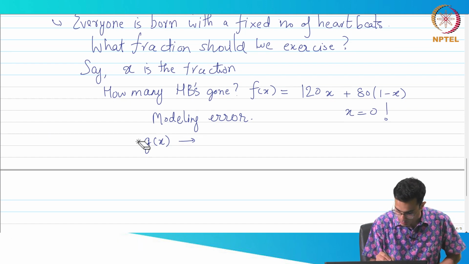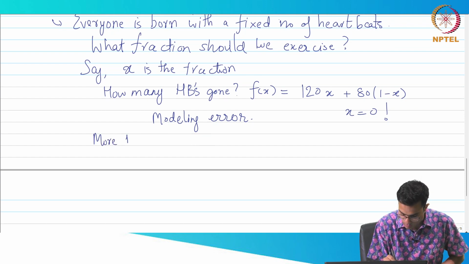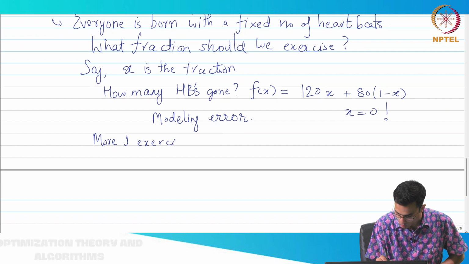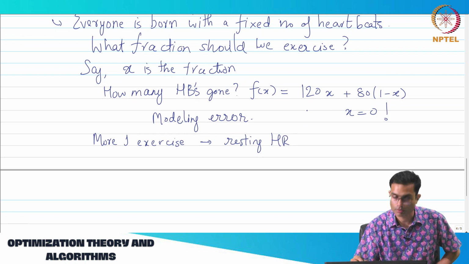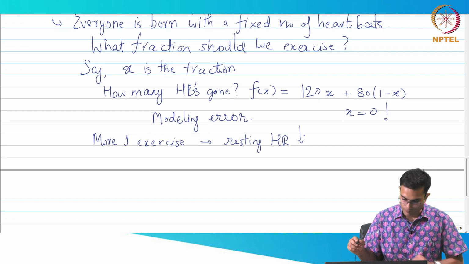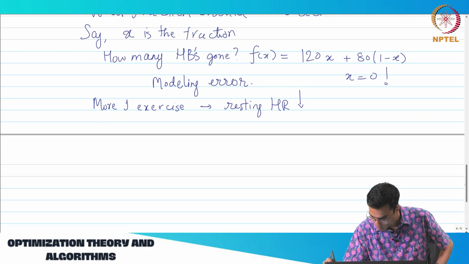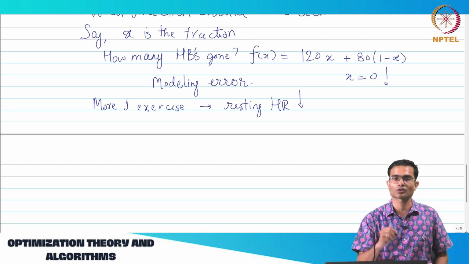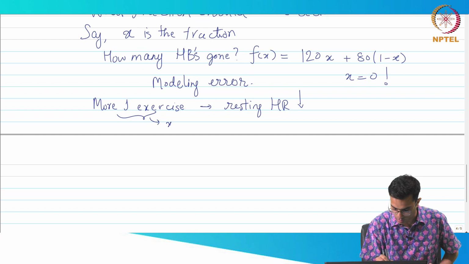Let's start with the intuition that the more I exercise, the lower the resting heart rate should be, right? The more I exercise corresponds to our variable x itself, right? So this is x.